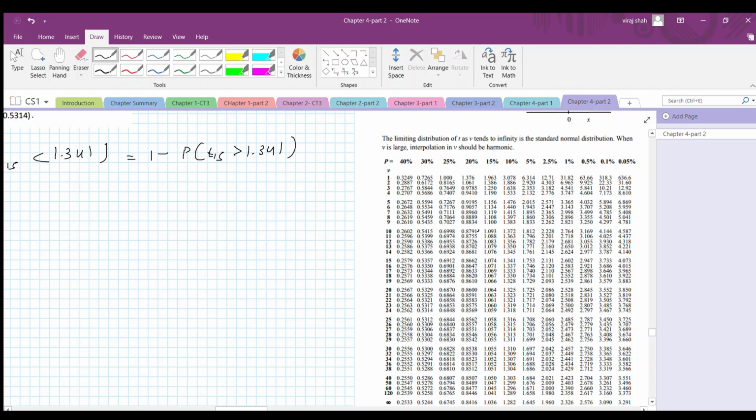I will find where 1.341 lies on the 15 line, and there would be some probability written right there. I will just directly use it. If you see the 15 line, 1.341 lies here, under the 10 percent column. Therefore I can say 1 minus 10 percent, which is nothing but 90%. Okay, this is how you calculate for the t distribution.